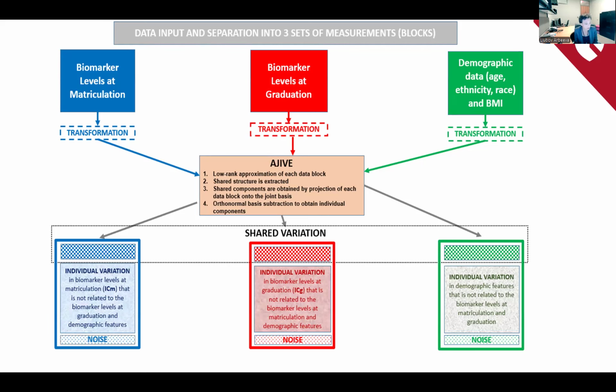We call this AJIVE, aiming to find shared and individual modes of variation to reveal a multidimensional data structure. By shared, I mean common to all data blocks. Originally, it was called joint variation, but I prefer to use shared to avoid confusion with joints like knees and hips. And individual is specific to each block.